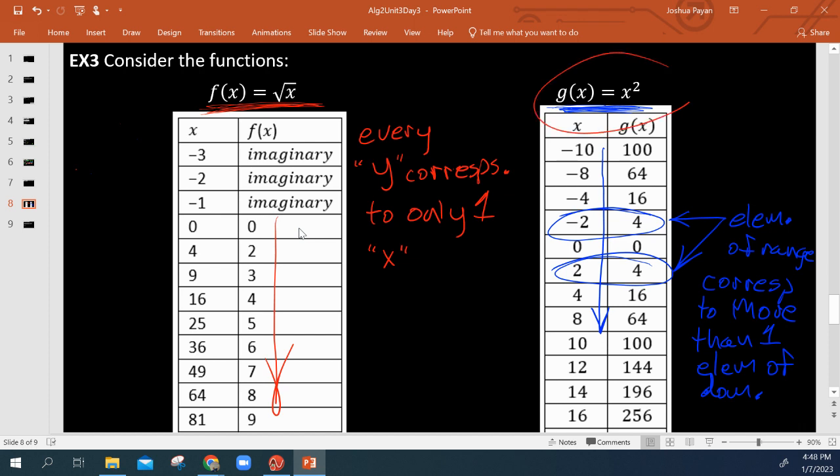Okay. Over here for g of x, we see that that is not the case. So basically, this guy is one to one, right? And this guy over here is not one to one.